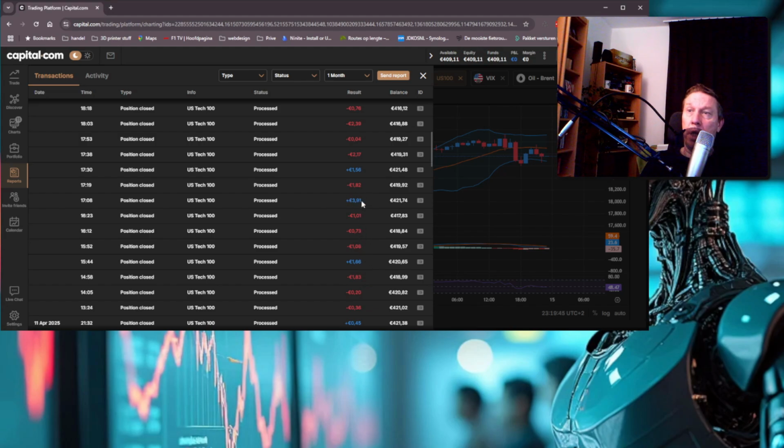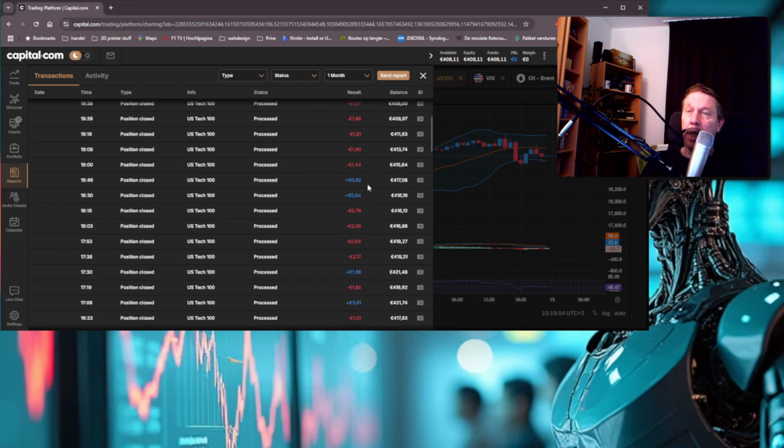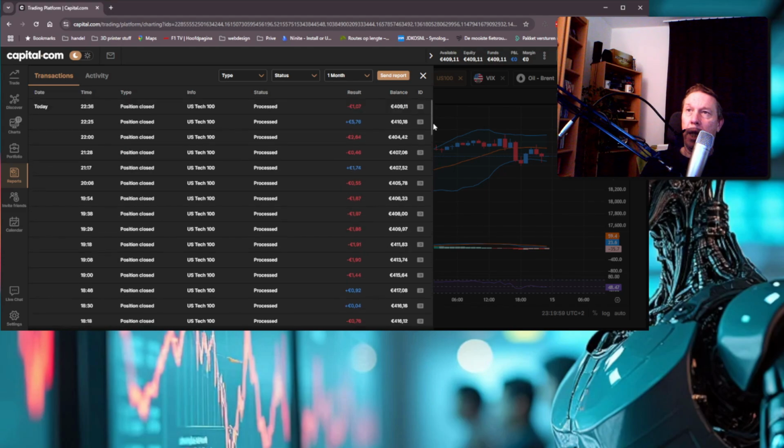So we had smaller losses and smaller profits, and that's why we see that there's a sideways market, and the bot makes profits, but not profit enough to compensate for the losses, even when the losses are small. But many small losses make a big loss, and it's not compensated, not even with this nice 5 euro profit.